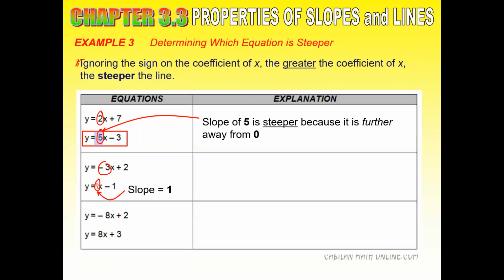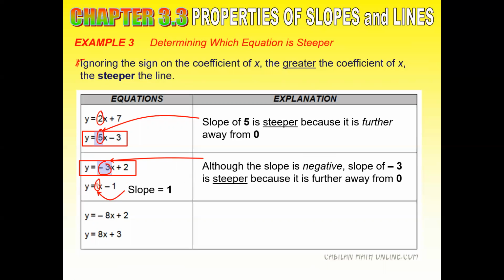Since 3 is further away from 0, even though this is a negative number, this particular equation will have a steeper slope. The reason is that negative 3 itself is further away from 0. So a couple of ways you can look at that. The main thing is that when you're looking at the slope, ignore the sign and see which number is further away from 0.